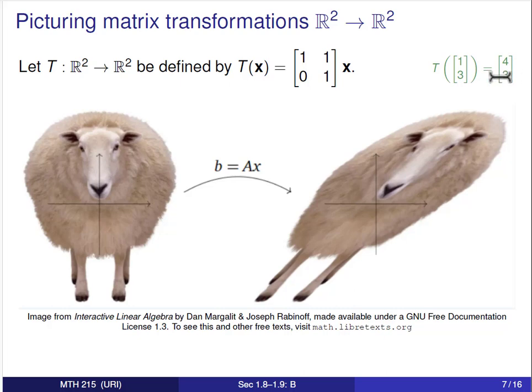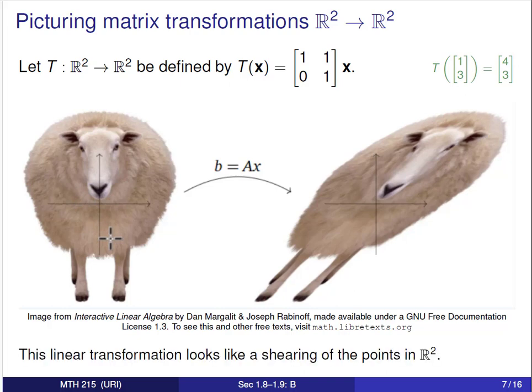The bottom coordinate stays the same. What this looks like is what we call a shear transformation. We're slanting the points in a certain way, or we're shearing them. And so if you have a picture of a sheep, what do you call this thing on the right? Well, that is a sheared sheep, of course. And that is one of the best and oldest jokes in linear algebra.